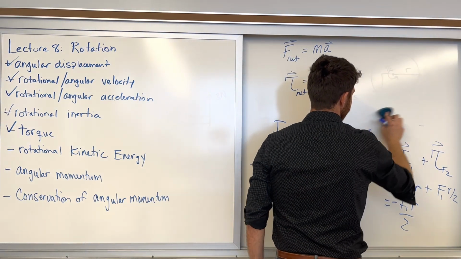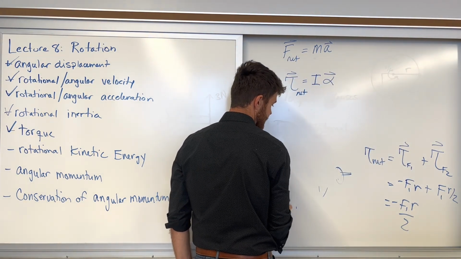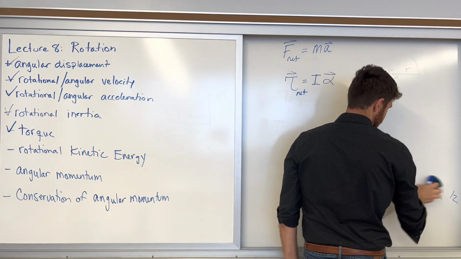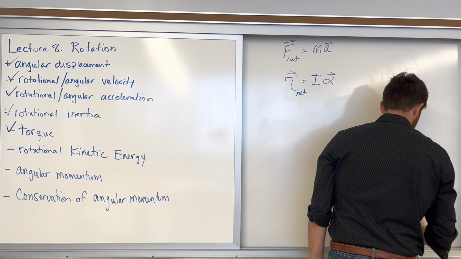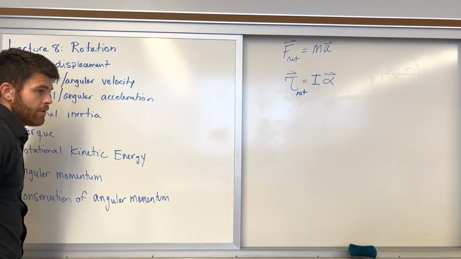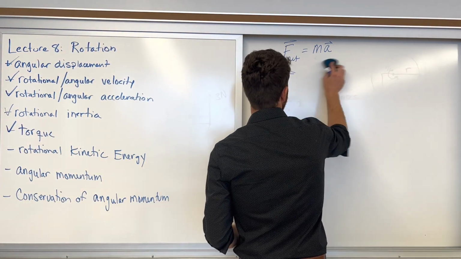So just like how you have to add up all the forces to find the net force and the resulting acceleration, you have to add up all the torques to find the net torque. And this allows us to draw an expanded free body diagram.